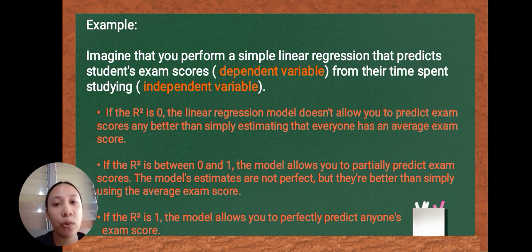If the R squared is between 0 and 1, the model allows you to partially predict exam scores. The model's estimates are not perfect, but they are better than simply using the average exam score. If the R squared is 1, the model allows you to perfectly predict anyone's exam score.